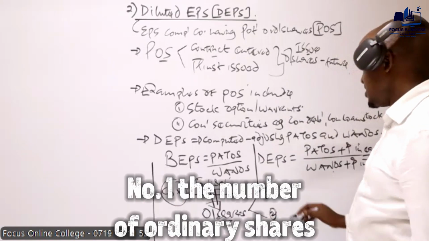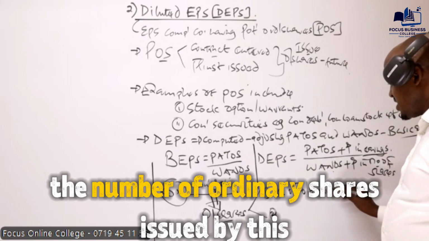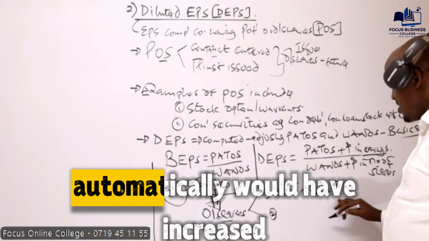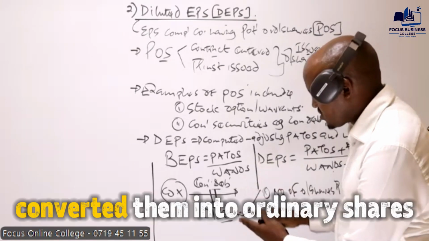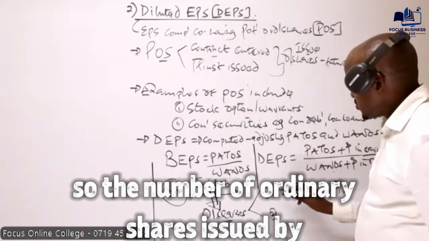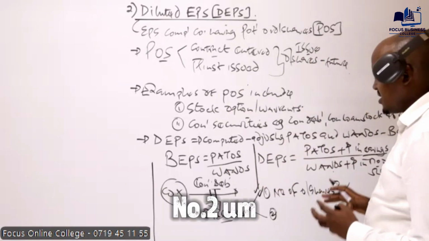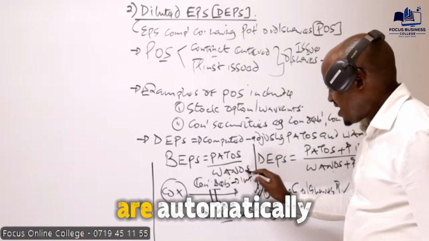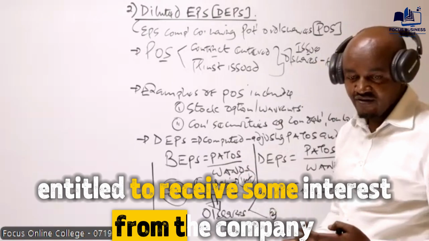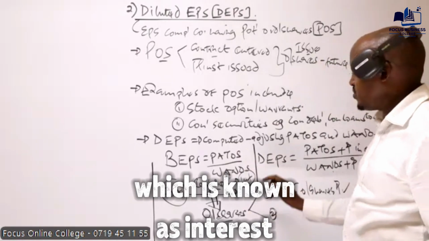Number one, the number of ordinary shares issued by this company would have increased, because the holder of the debentures converted them into ordinary shares. Number two, we know that the holder of these debentures is entitled to receive some return from the company, which is known as interest.